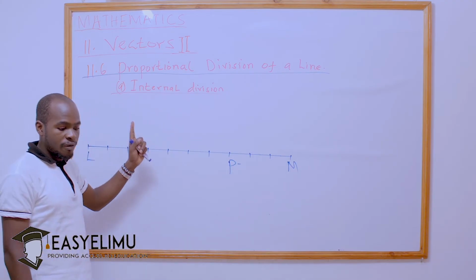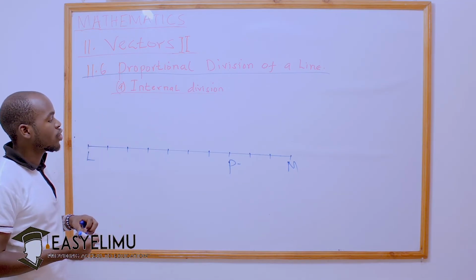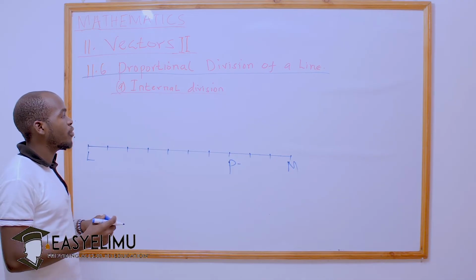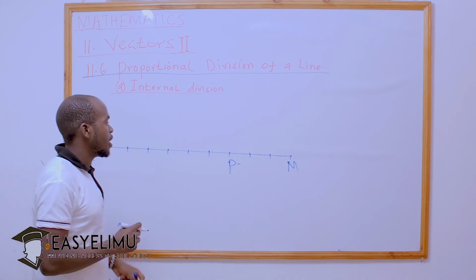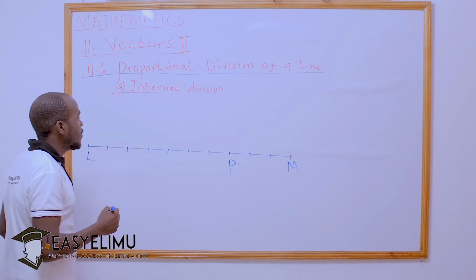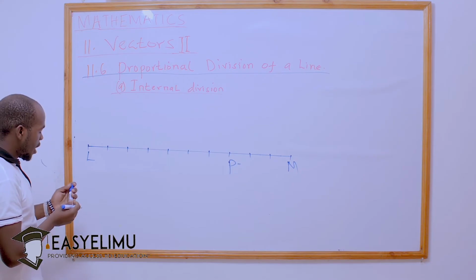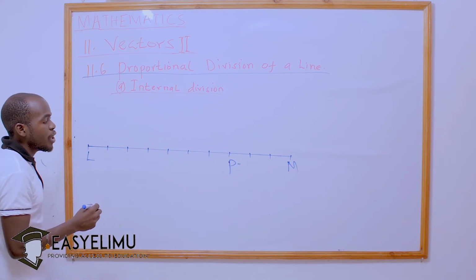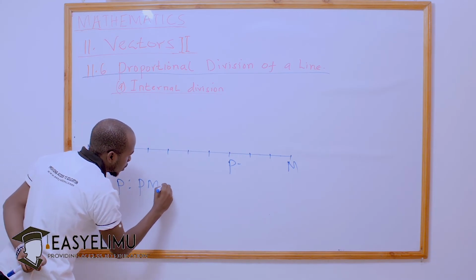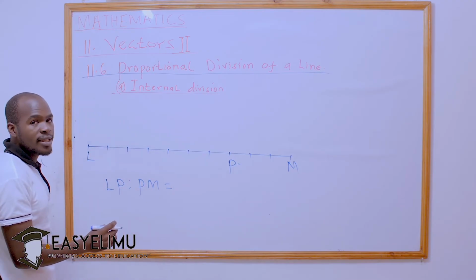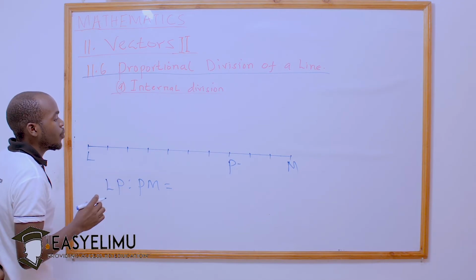Let's find the internal division of that line with regard to the 3 points, which is LPM. So we give the internal division in which P divides line LM. In place where you are giving the internal division of LM with regard to P, we shall say LP to PM is equal to, that means point P divides line LM in the ratio which we are about to give.